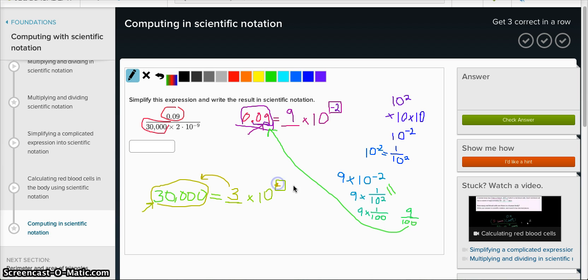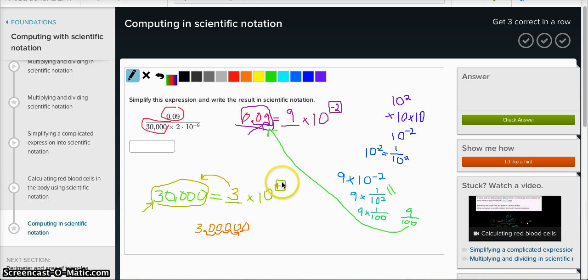And then we've got to see how many times the decimal moves from 3 to get to 30,000. So if we have 3.00000, how many times does the decimal place have to move to get to 30,000? There are going to be 4 zeros, 1, 2, 3. It's got to move to here. So it moves 1, 2, 3, 4 times.